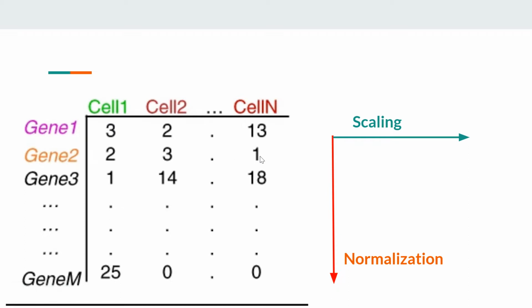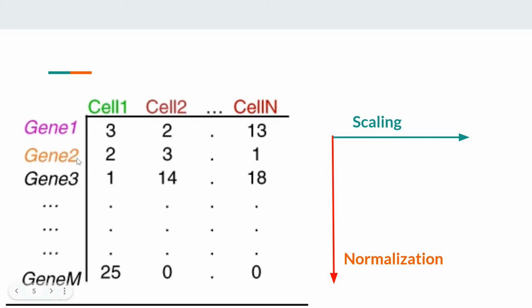But let's say this gene is in the 100 range, like 100, 200, 300. But this gene is in the 1000 range, 1000, 2000, 4000. Now when we mix them together, the gene where the count is a very high number, like 2000, 3000, will dominate the lower count. That means the effect of these low count genes will be neglected.